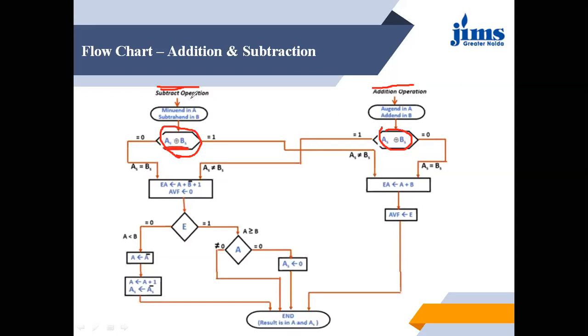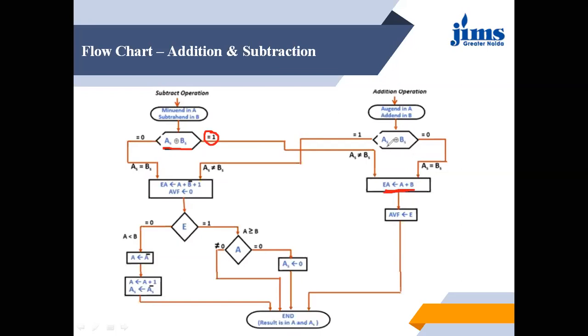In the case of addition, as I explained to you, when both the number signs are the same, the result is 0, and it will perform A plus B, the same as addition.